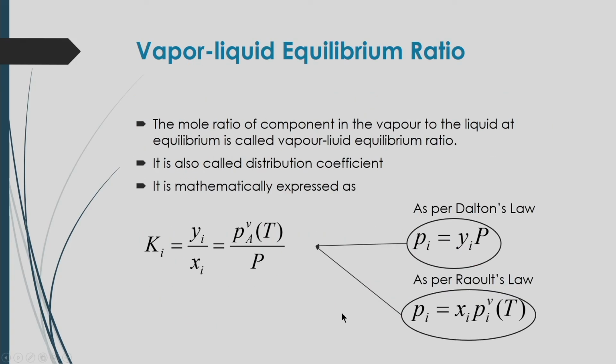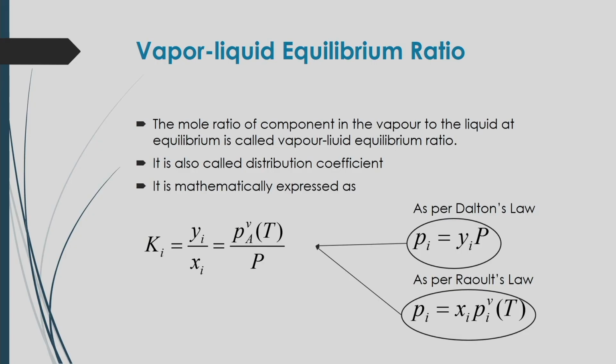Now, the vapor liquid equilibrium ratio is another important property of a gas liquid mixture at equilibrium condition. The mole ratio of the component in the vapor to the liquid at equilibrium is called the vapor liquid equilibrium ratio, also called the distribution coefficient, showing how moles are distributed between the vapor and liquid phases.